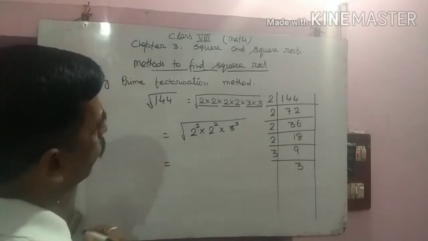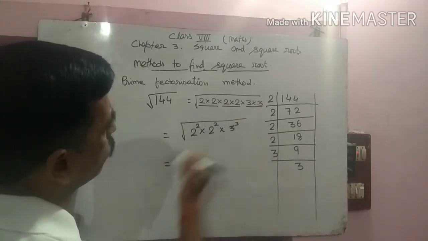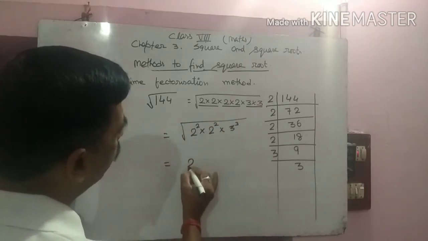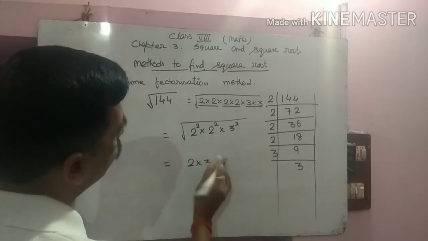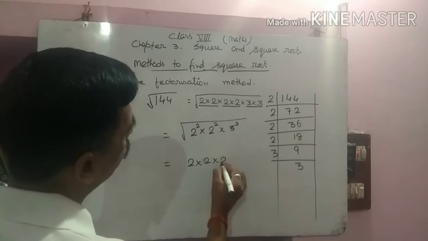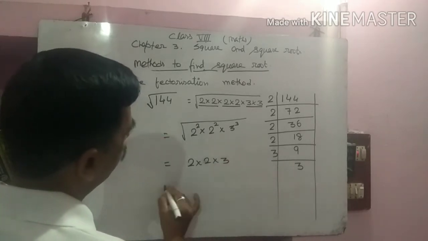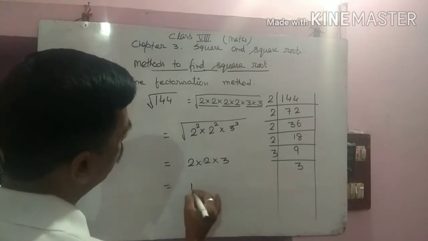So finally, if we remove the sign of root, then all the squares will be removed. What we'll get is 2 into 2 into 3, which is 2 twos are 4, 4 threes are 12.